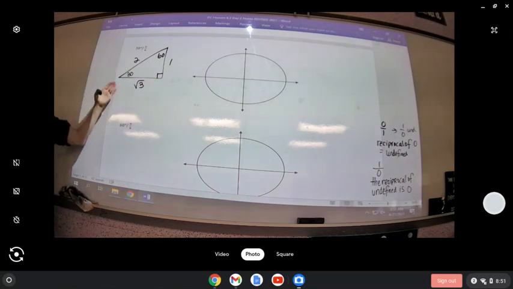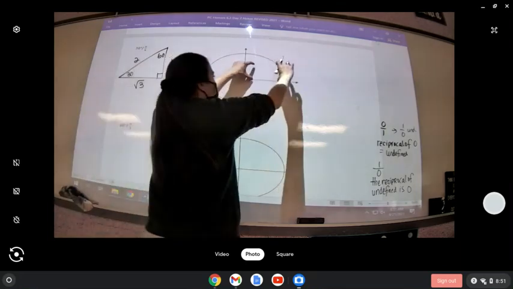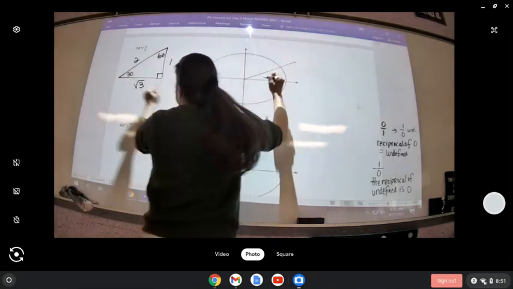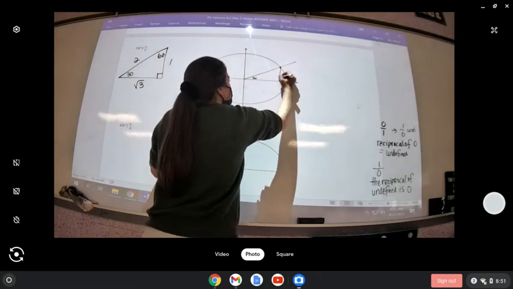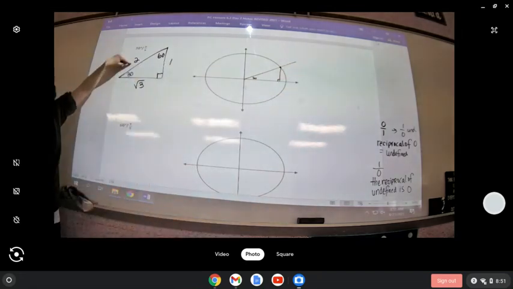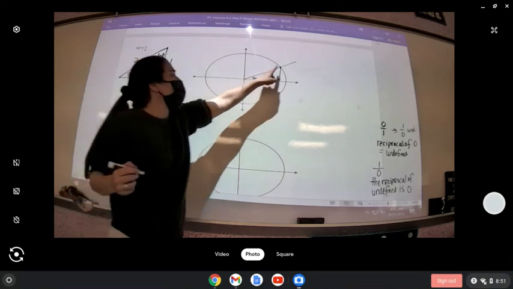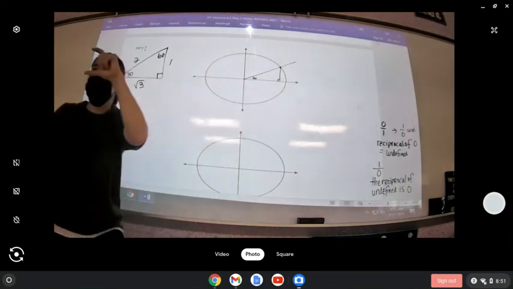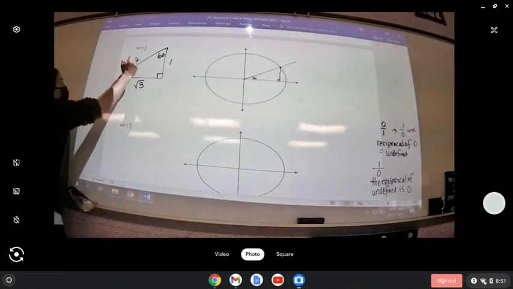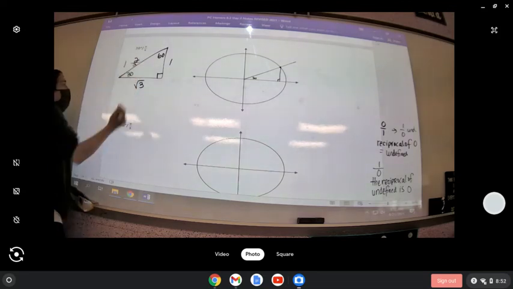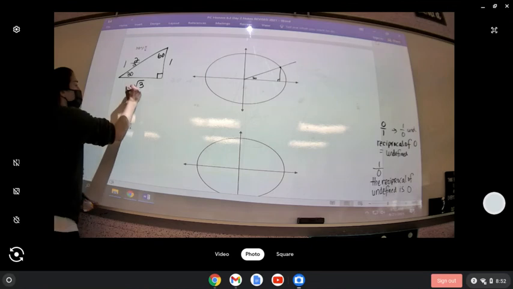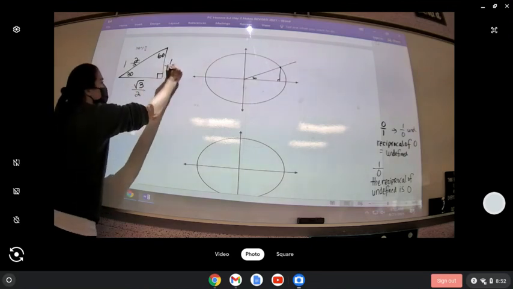The problem is, if I want to put this triangle into the unit circle so that I have a 30-degree angle right here, the problem is this has a hypotenuse of 2. So on the unit circle, it doesn't fit. I need a radius or a hypotenuse of 1. So all they did to make my hypotenuse 1 was divide by 2. Now my hypotenuse is 1, and then divide everything else by 2.